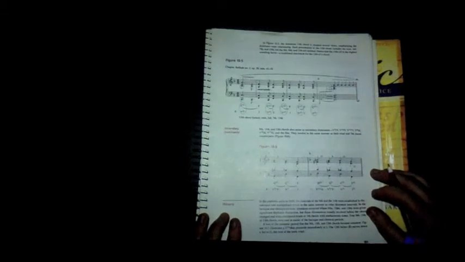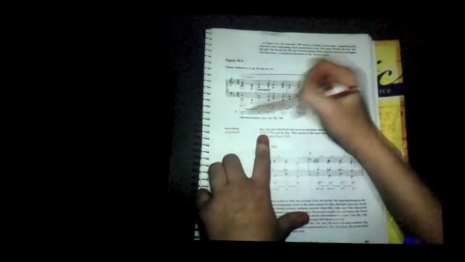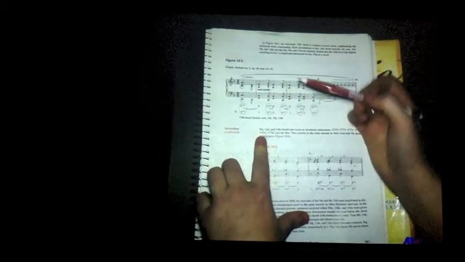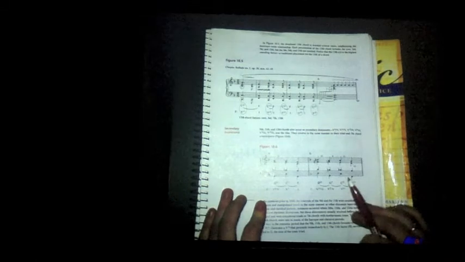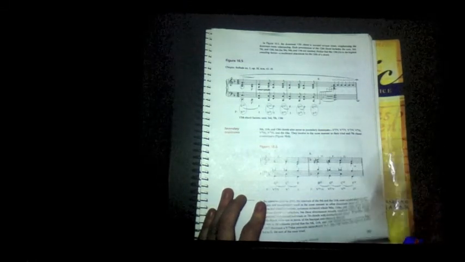This dissonance is really hammered between the C and the B flat. Okay? And you can see it's definitely part of the chord. There's no passing tone. So it's unavoidable.